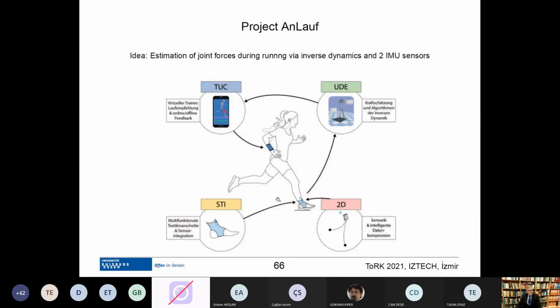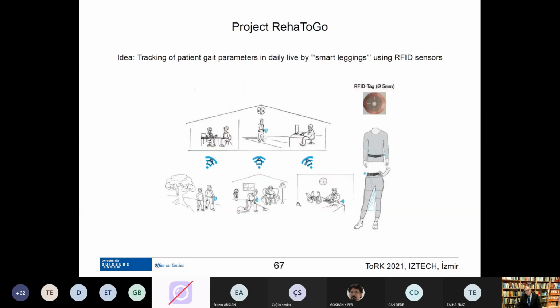Very shortly, coming to the end, we were also working on different projects where we use IMU sensors at the foot and ankle, using inverse dynamics models from robotics from the 80s as an estimator for the joint forces. More or less we project the mass of the body to this end effector motion, and from this we can estimate the forces during normal running to avoid injuries.